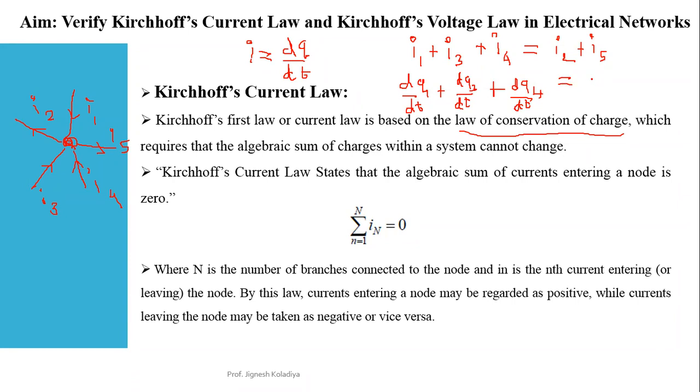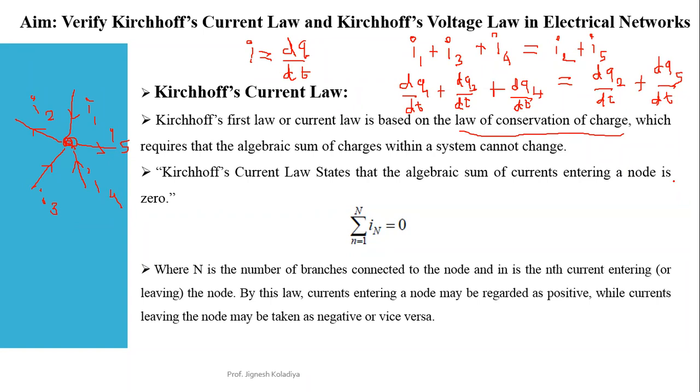Similarly, on the other side of the equal sign we have dq2 upon dt plus dq5 upon dt. All the currents are represented in terms of the charges.